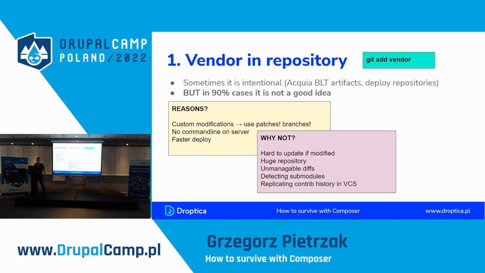Sometimes submodules are detected in Git because packages are cloned instead of downloaded. So actually you are getting a huge repository, you are replicating some contrib history, and you don't want that in your development flow. So this is the first one. I will talk about it a lot later, so I will skip to the next ones.